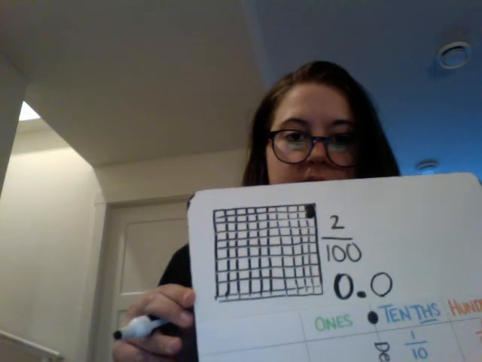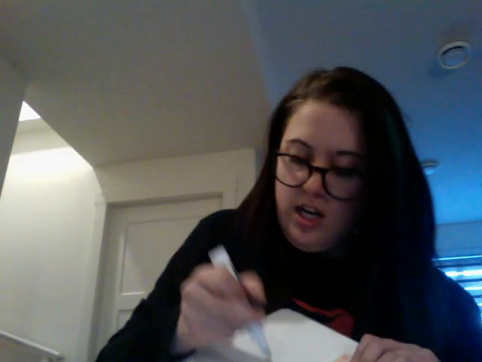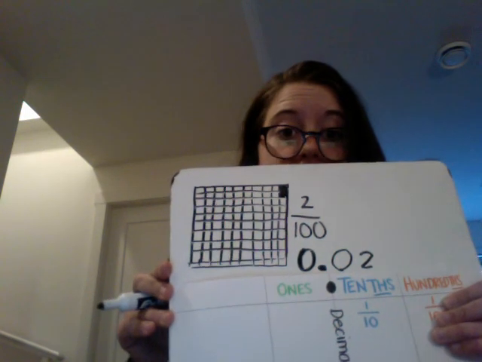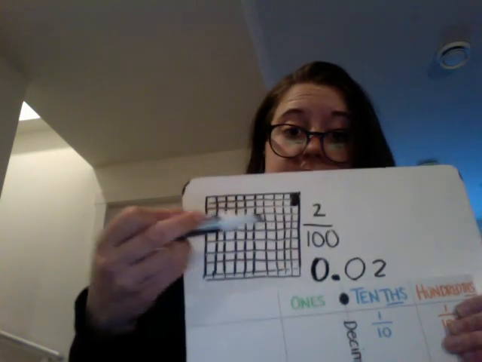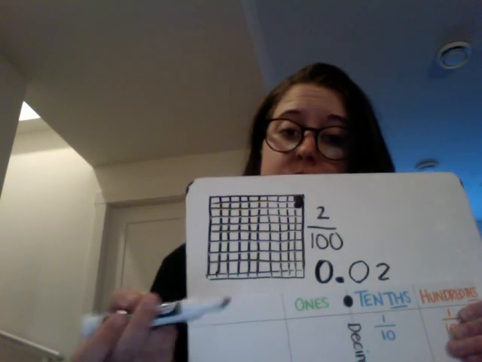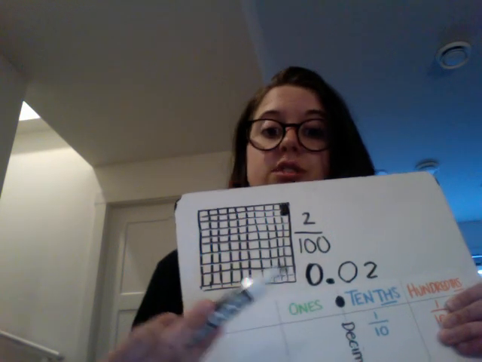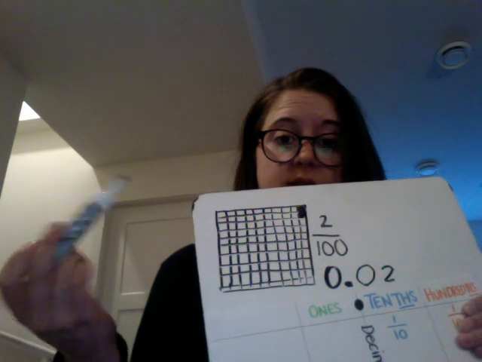Hopefully you said I have 0. Okay, and then finally I have 2 hundredths. So I need a 2 in my hundredths place. So this fraction, 2 over 100, is represented by the decimal 0 and 2 hundredths.